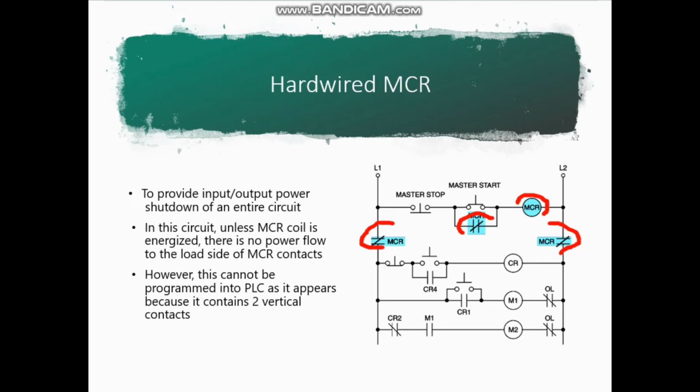In this relay diagram, the start push button for the master control relay provides input or output power shutdown of an entire circuit. Unless the MCR coil is energized, there is no power flow to the load side of the MCR contacts.